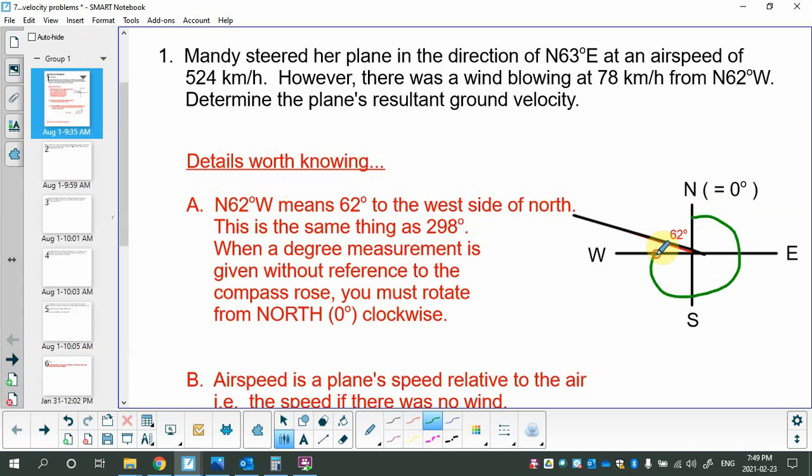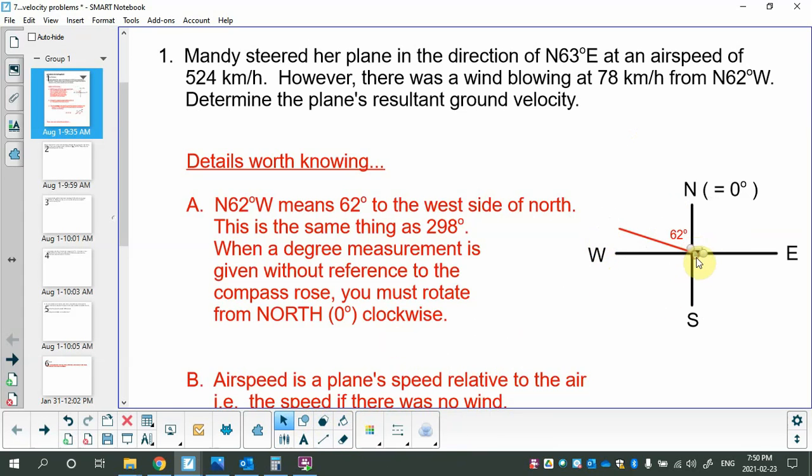And if all the way to here is 360 degrees, and this is 62, if you subtract them, that's 298 degrees. So they are actually the same thing. So there's two ways of saying the same measurement. I believe the difference is whether you are flying a plane or whether you are originally in a boat. So that's the first detail worth knowing.